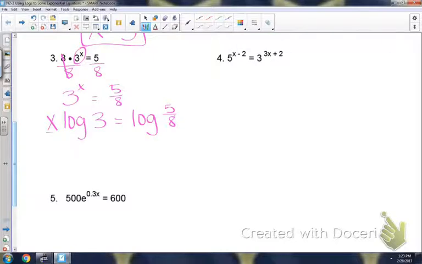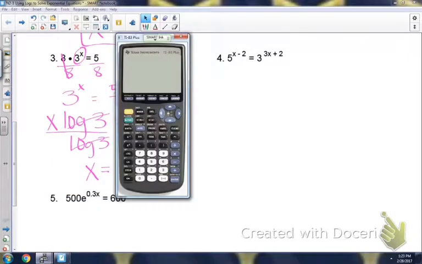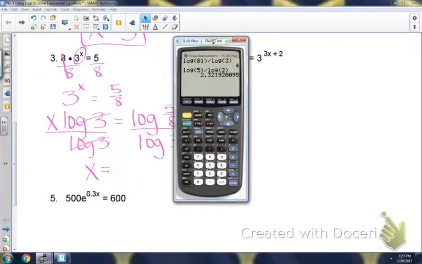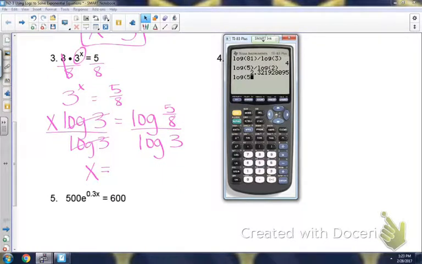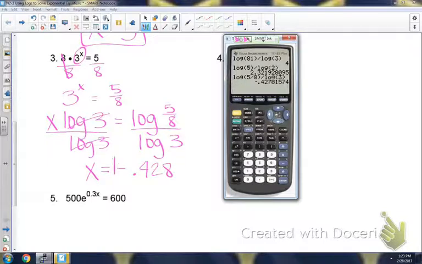So from here, to get x by itself, divide by log of 3. So plugging that in, I have log of 5 divided by 8 divided by log of 3. We should get negative 0.428 when we round it. Again, you can plug it back in and check it.